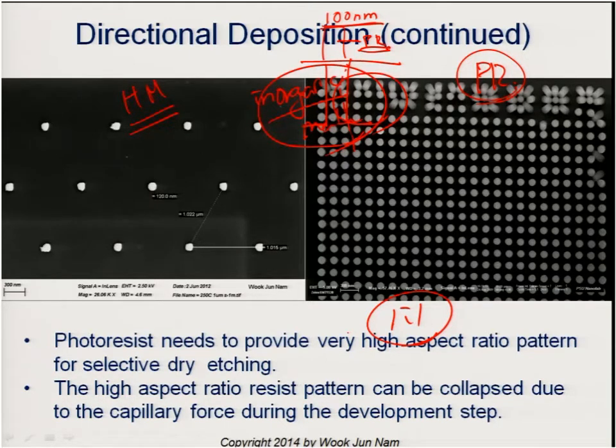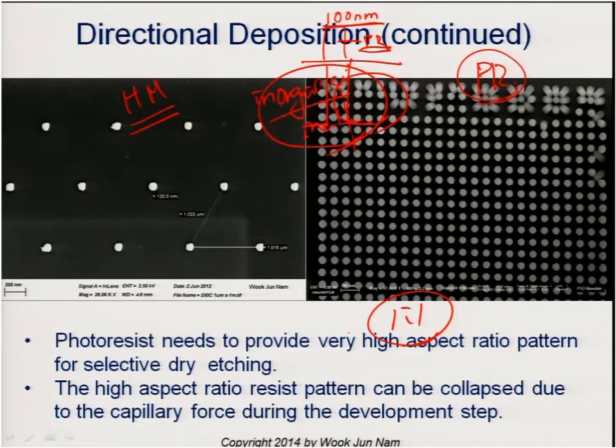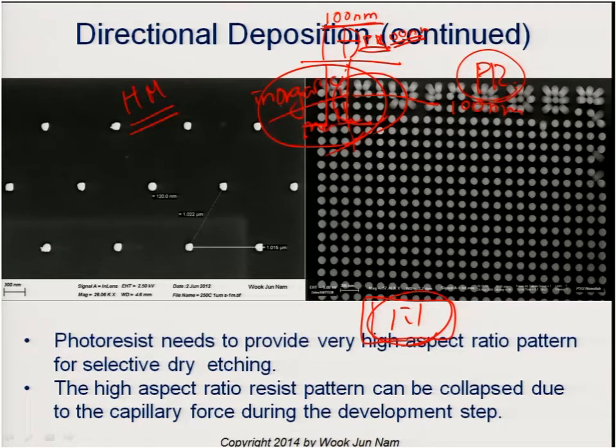Still, no matter what inorganic material you etch, it is stronger than photoresist. So in this scenario, if you wanted to etch 100 nanometer and you have 100 nanometer of photoresist at a 1-to-1 ratio, it is okay.